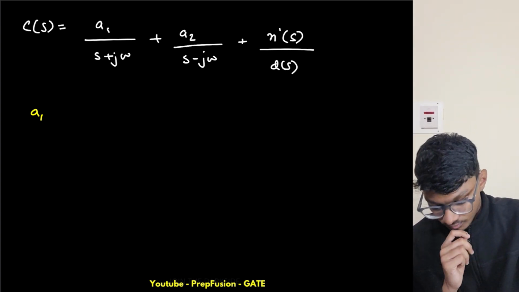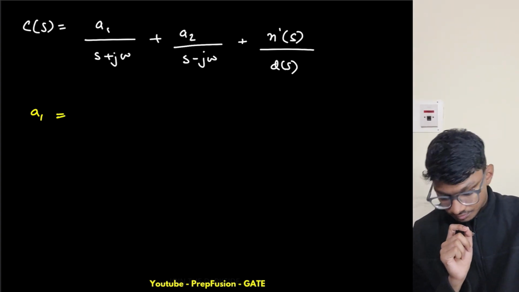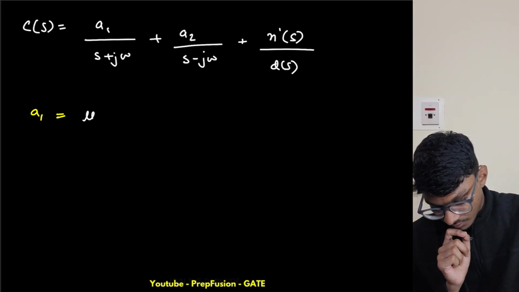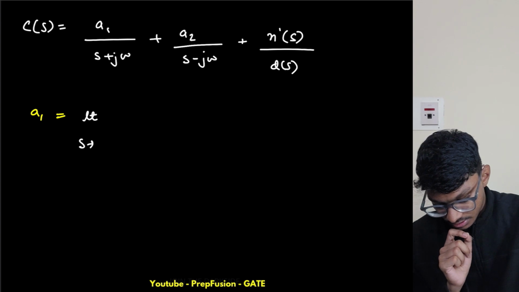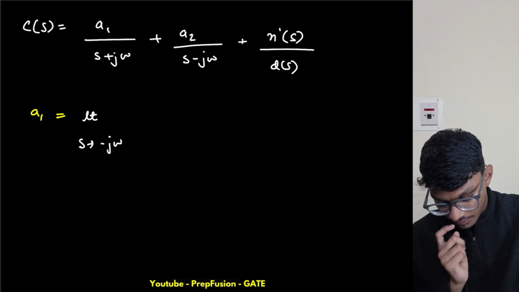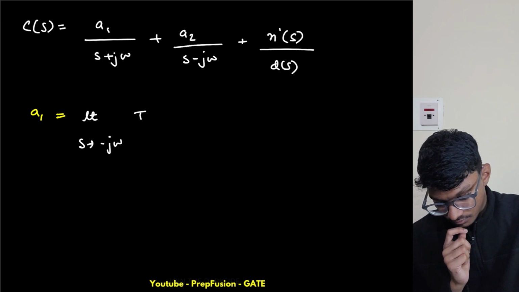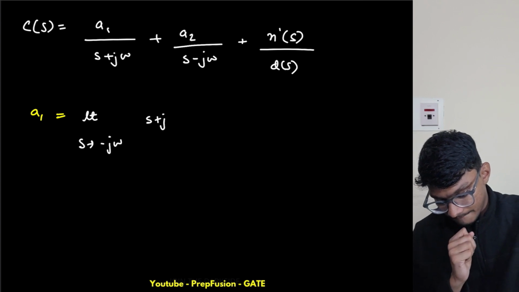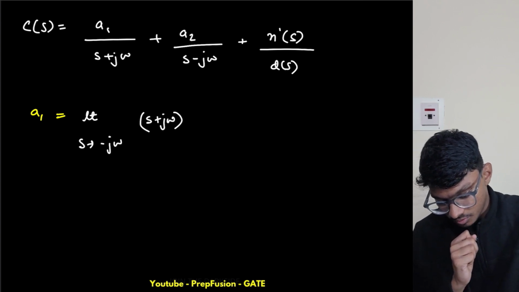So a1 will be simply equals to my limit as s tending to minus j omega of s plus j omega into T of j omega.